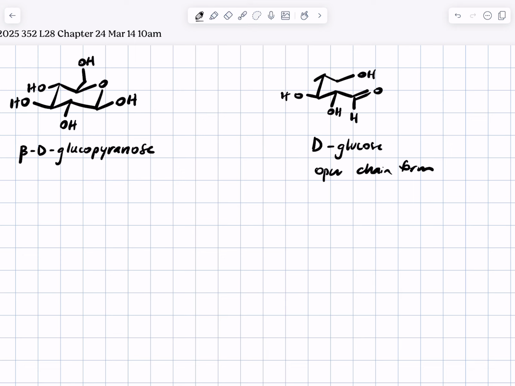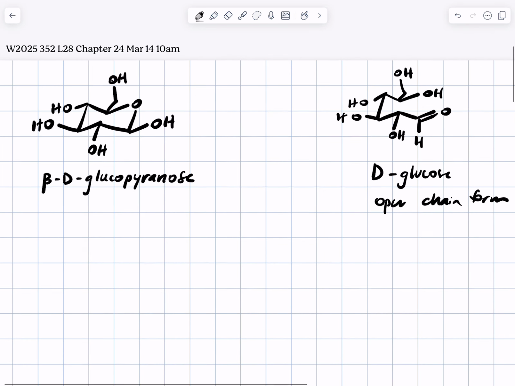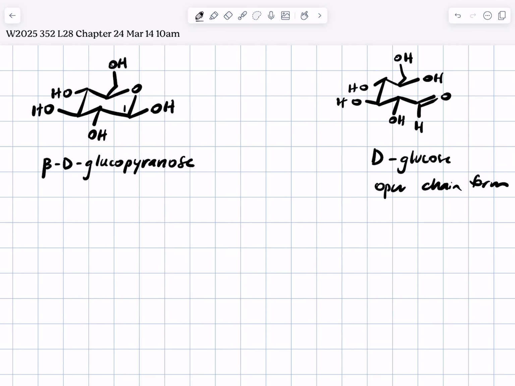We'll keep everything else in the same place. The only thing that changes is that C1 here is a hemiacetal and C1 here is an aldehyde, whereas the oxygen on C5 is participating in that hemiacetal here, but in D-glucose, the open chain form, that's an OH group.